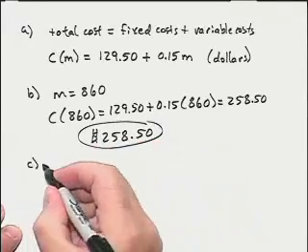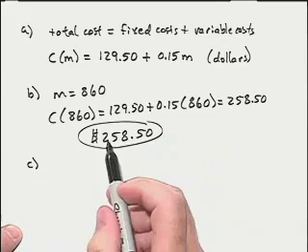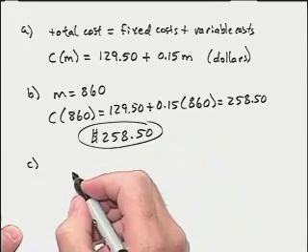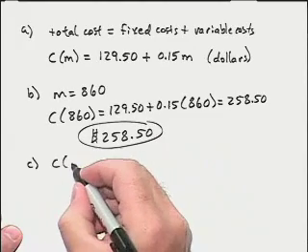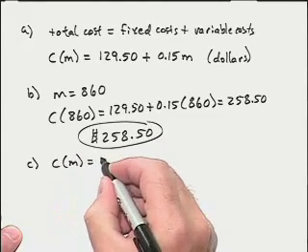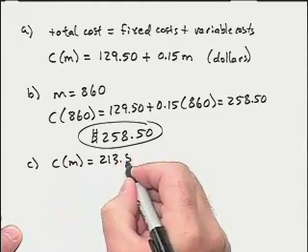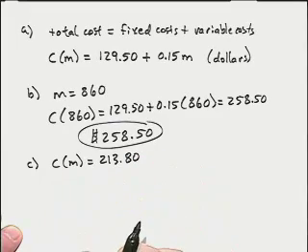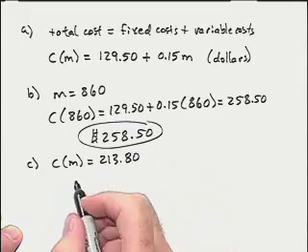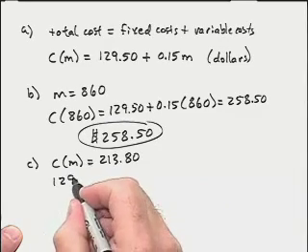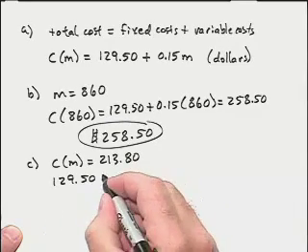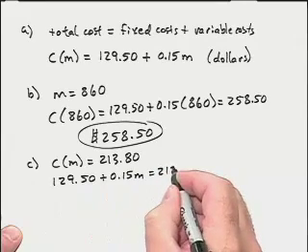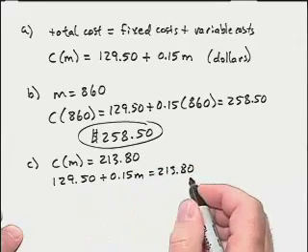In our last part, Part C, we want to determine the number of miles driven if the rental cost is $213.80. That is, we need to solve C of M equal to 213.80. Here we know the cost, and we're trying to determine the value of M. So we have 129.50 plus 0.15 M must equal 213.80.